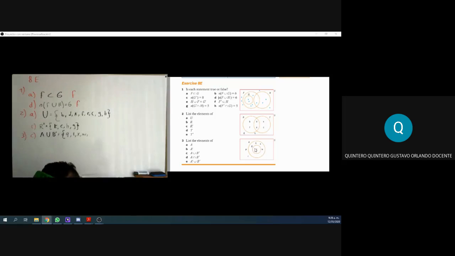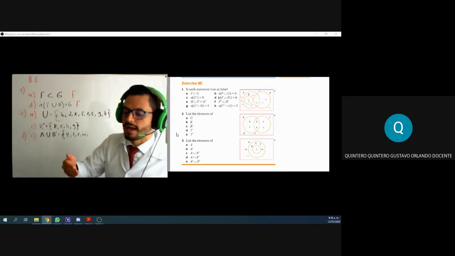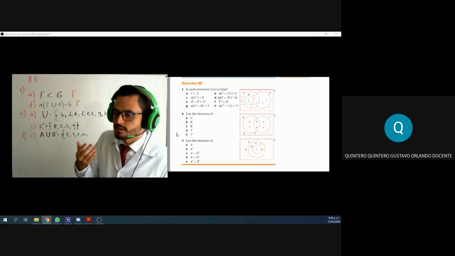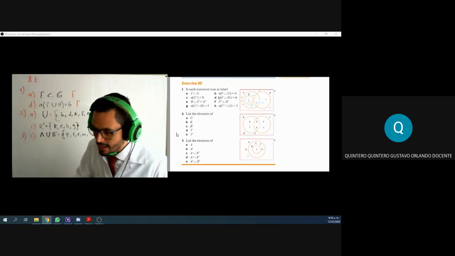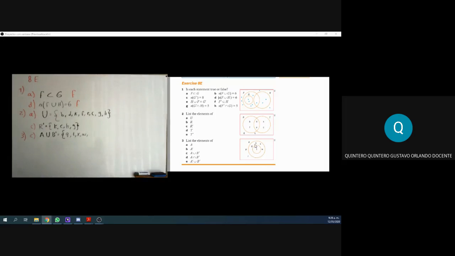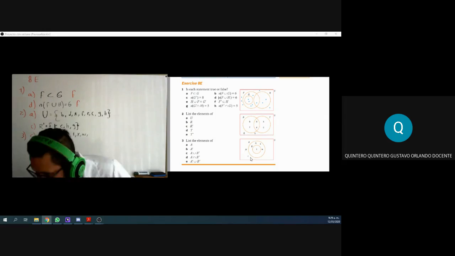Let's look at the diagram and think of the elements outside B. That is the idea behind B complement, the ones that are not in B. So the ones outside B. And outside of B, you're going to find these: Q, X, W, these three are outside of B, right? But also P and F, right? P and F.